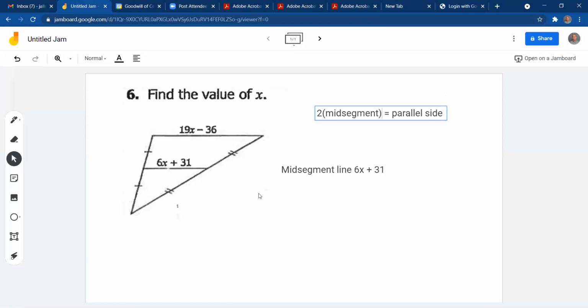So the mid segment is 6x plus 31. I need to set up an equation that multiplies that mid segment side by 2. 2 times 6x plus 31 is going to equal the parallel counterpart, 19x minus 36.